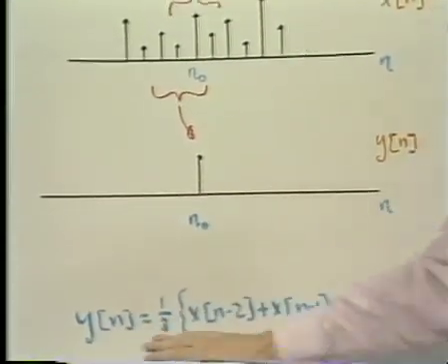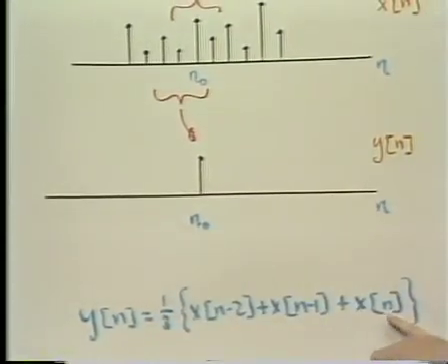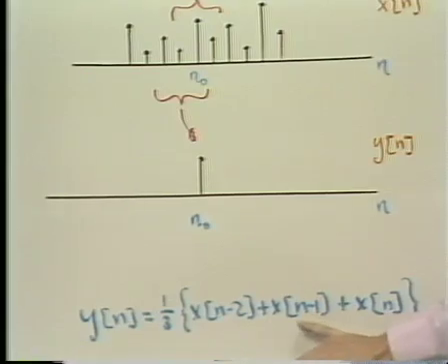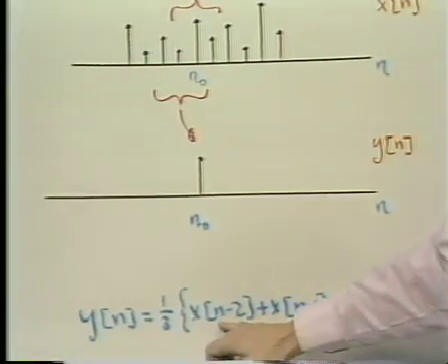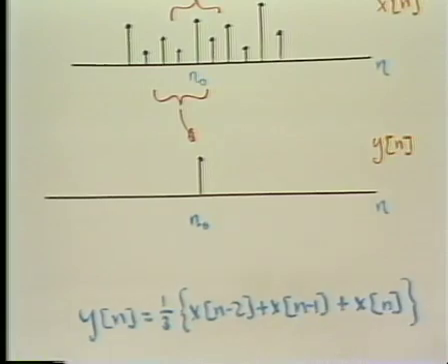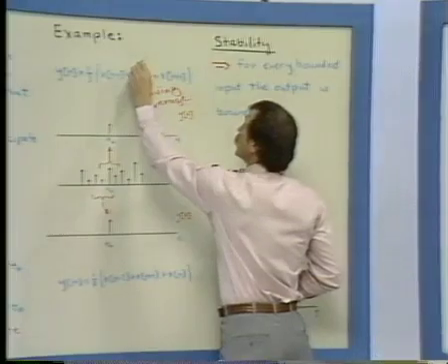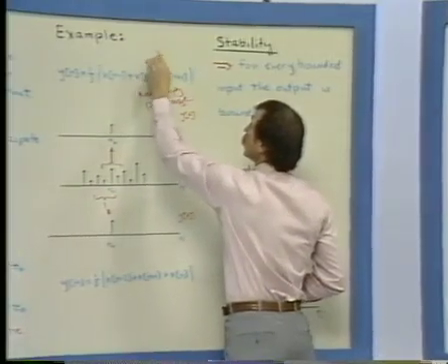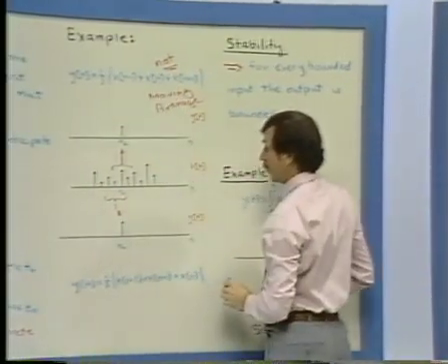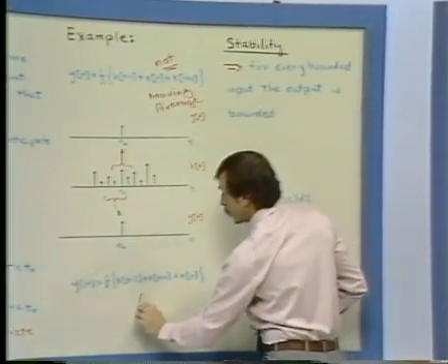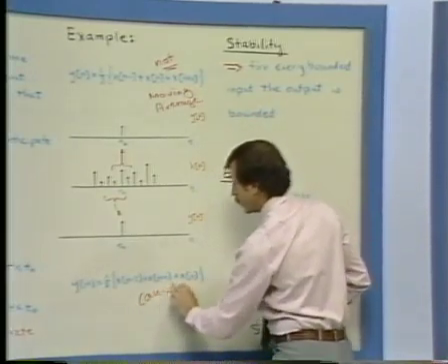So y of n0 would depend here on x of n0, x of n0 minus 1, and x of n0 minus 2. And so in this case, the system is not causal. And in this case, the system is causal.